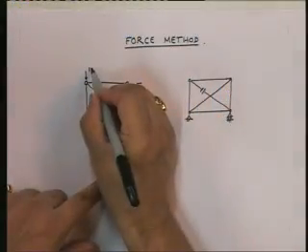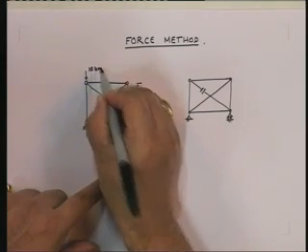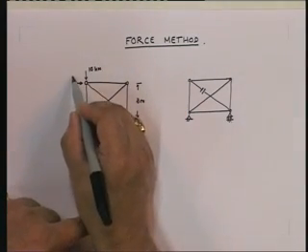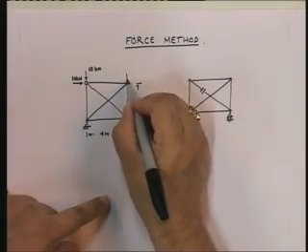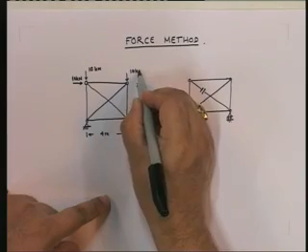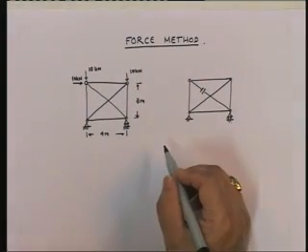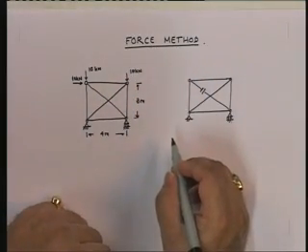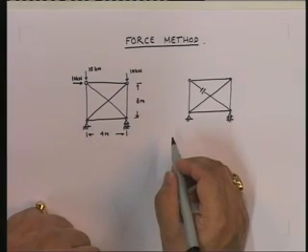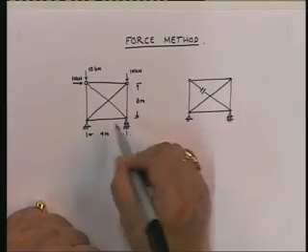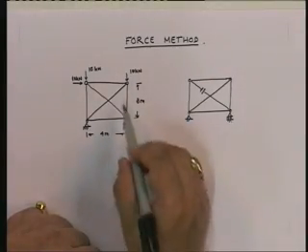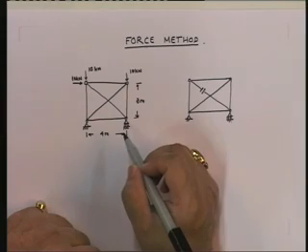So, let us look at a simple truss, where let us say that the structure is subjected to this kind of loading. So this is the loading on the structure, and this is the truss structure that you have.